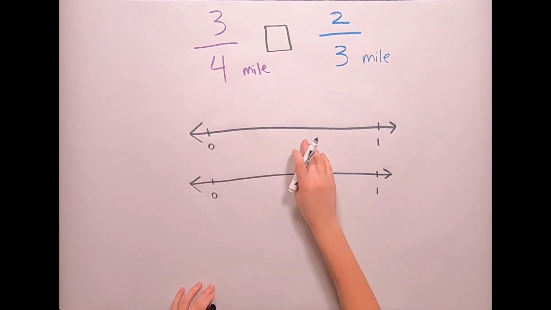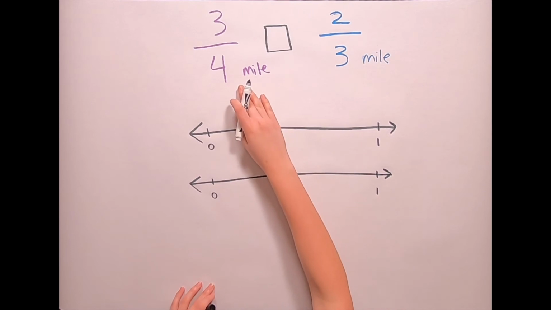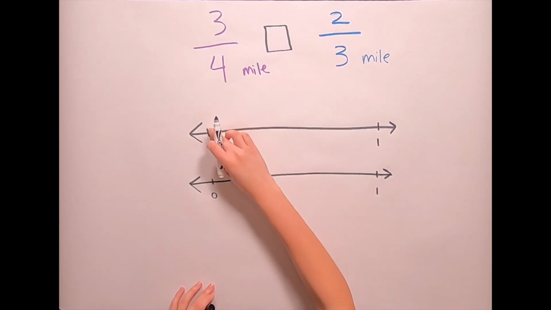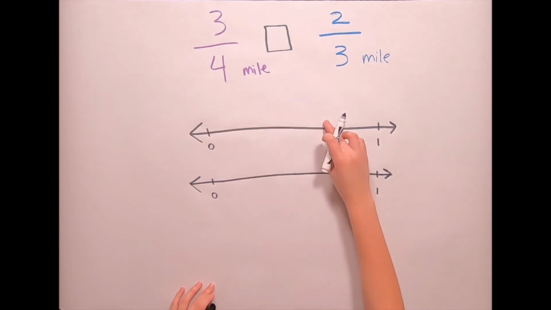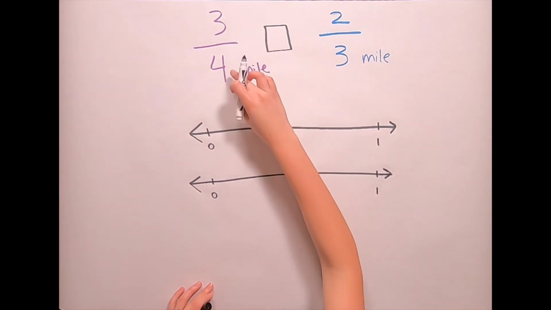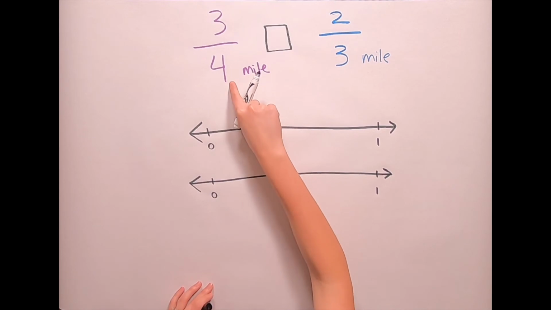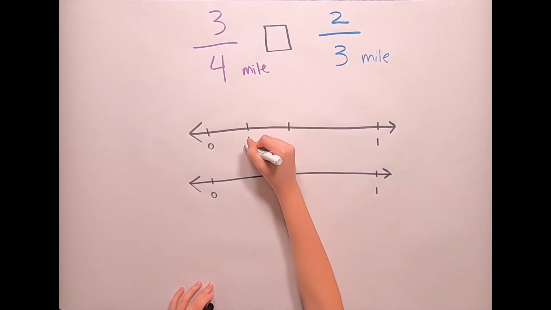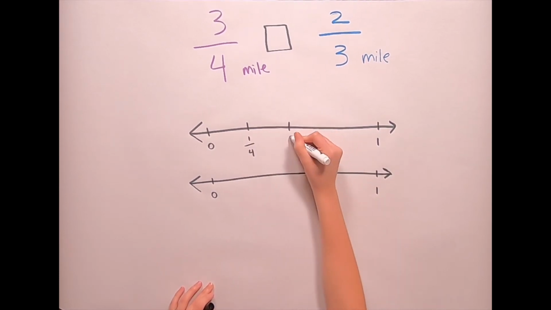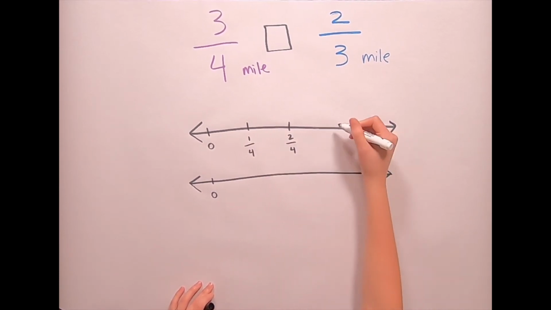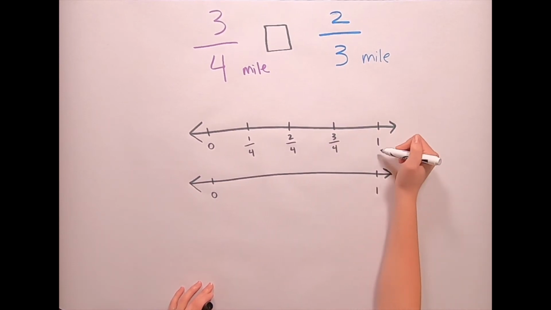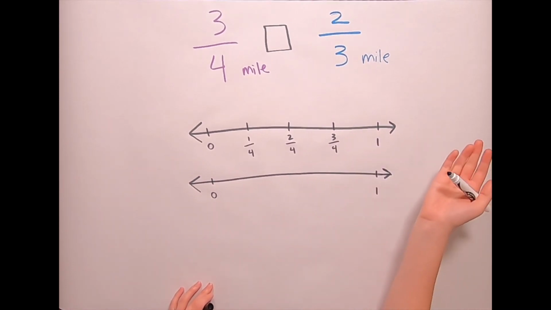So for this top number line, I'm going to represent how far my sister ran. So I need to write as many jumps as parts in my whole. In 3/4, we have 4 parts. So I'm going to write 1/4, 2/4, 3/4, and 4/4, but we already know that that's one whole.